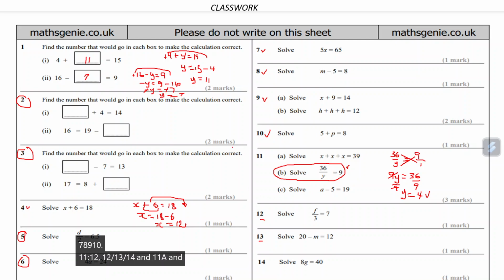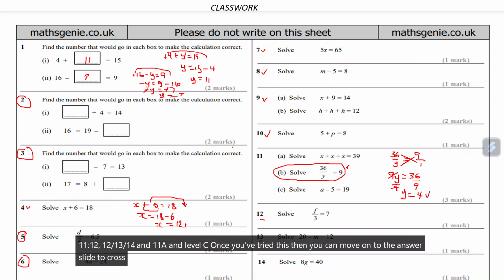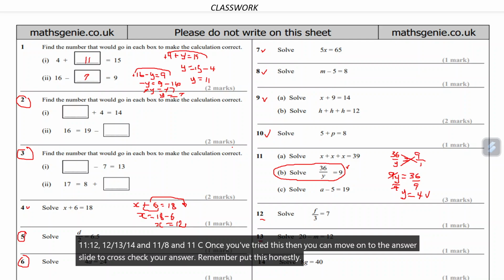Once you've tried this, then you can move on to the answer slide to cross-check your answer. Remember, do this honestly so as to help deepen your knowledge.